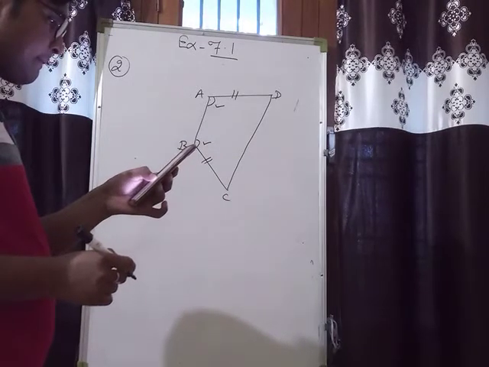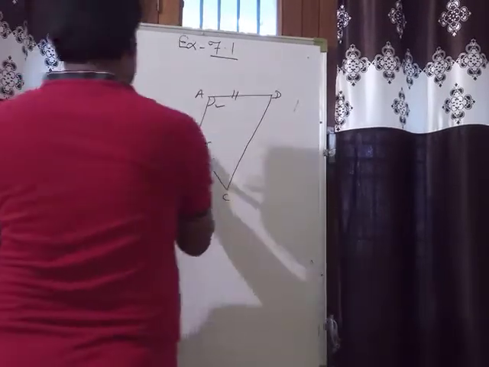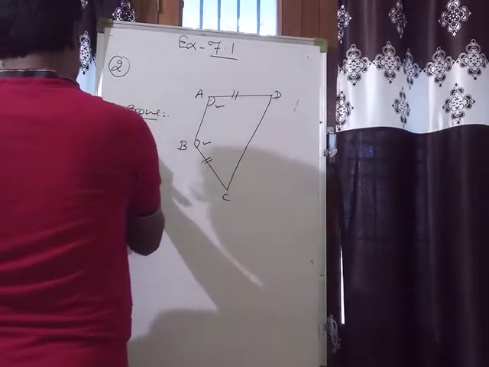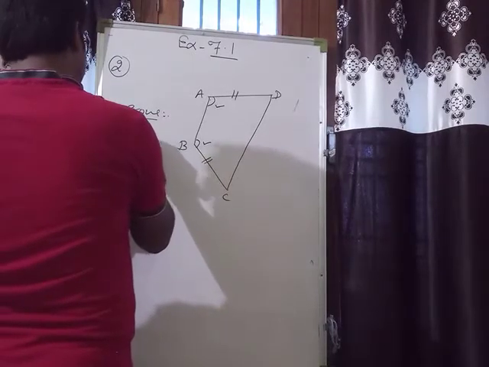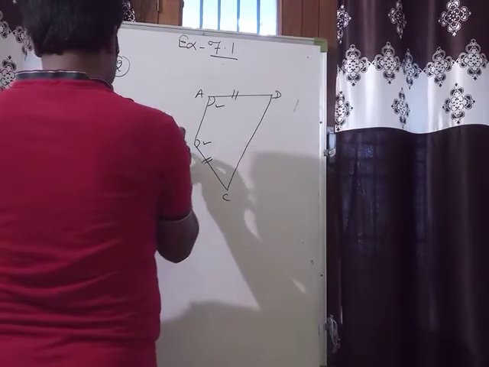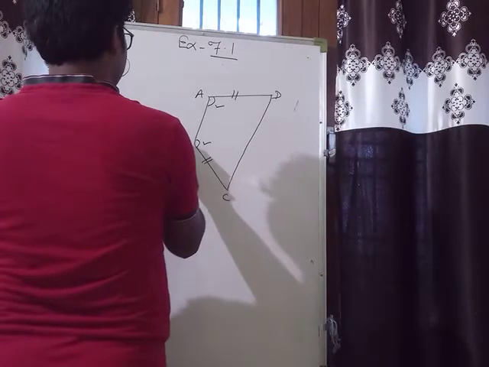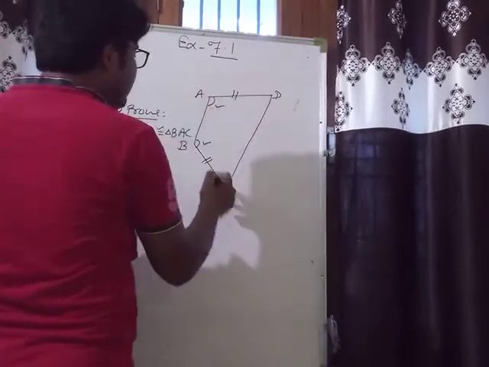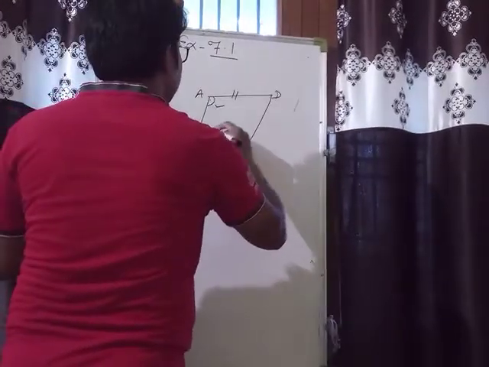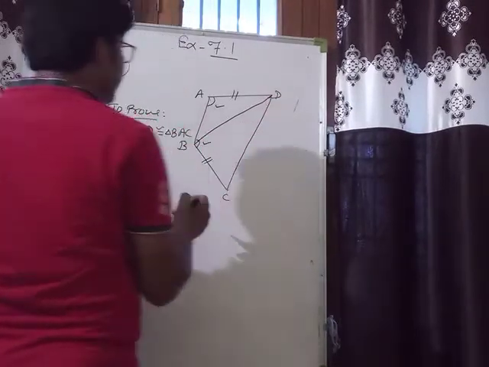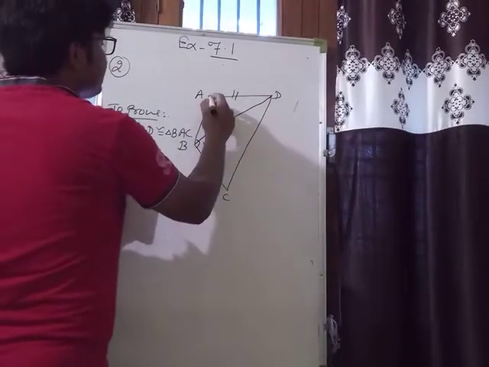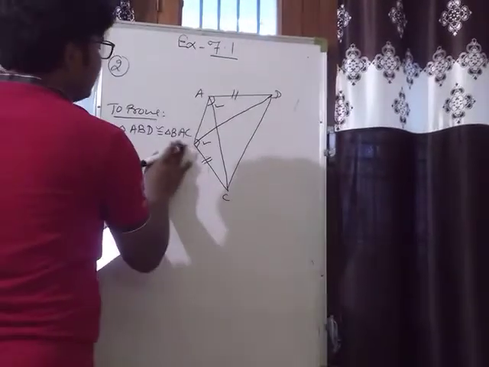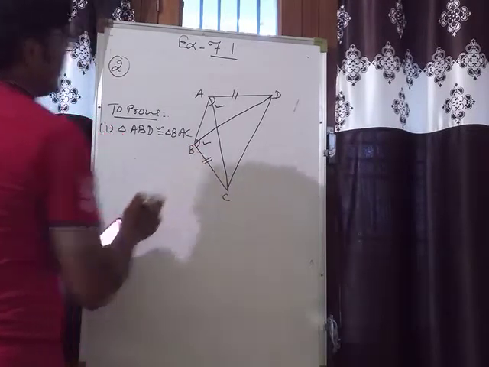So first, we have to prove that triangle ABD is congruent to triangle BAC. Complete the triangle names, ABD and BAC.